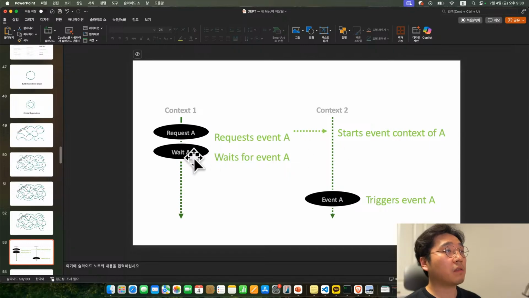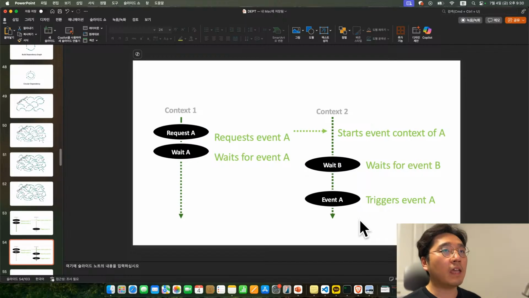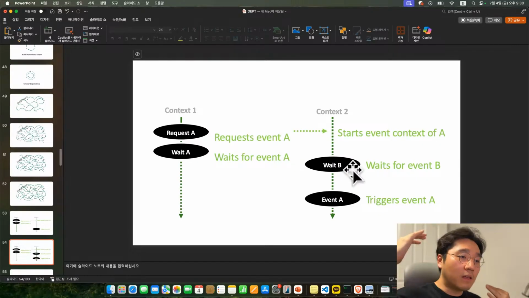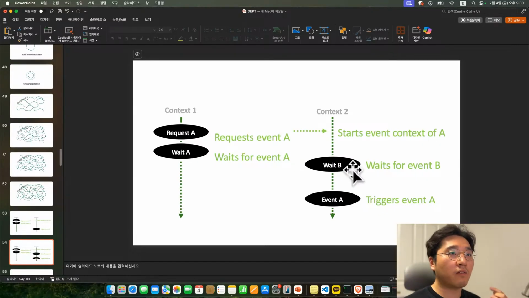And context 1 is waiting for the occurrence of event A. And context 2 triggers event A. So if they are waiting for B, right? As you know, we defined that in DEPT we can draw a dependency graph. If the occurrence of event A depends on event B, we can draw from A to B, right?